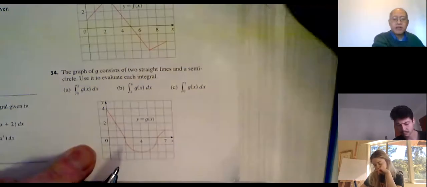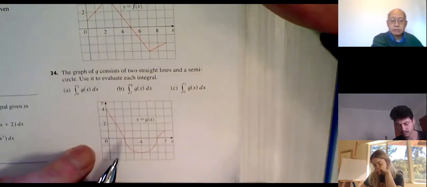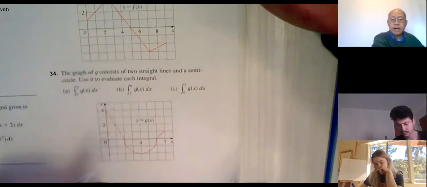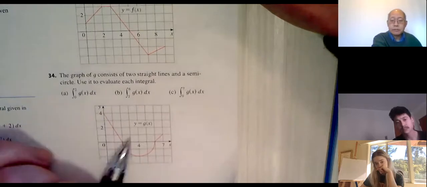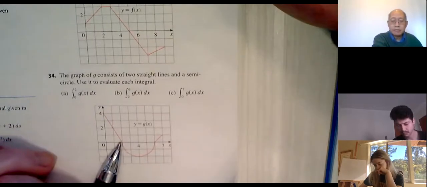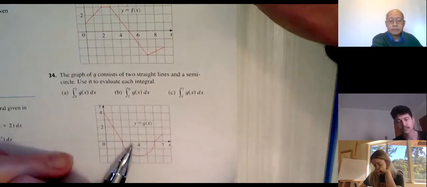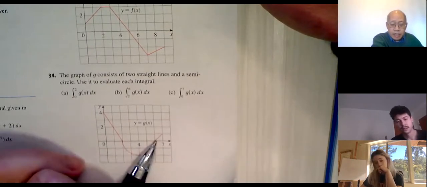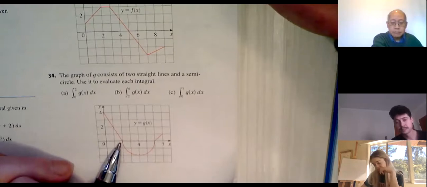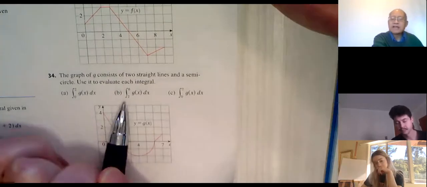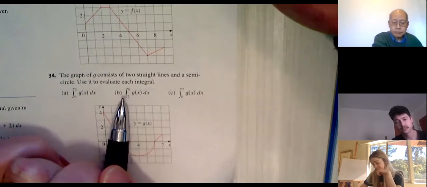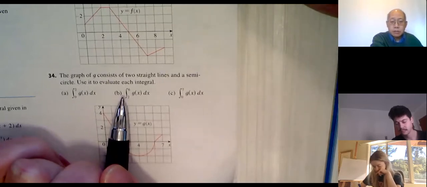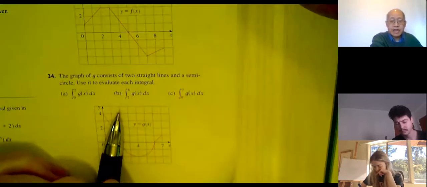So it's 1/2 of pi r squared. Pi times 2 squared is 4 pi. Half of that is 2 pi. So this area is 2 pi. The integral is negative 2 pi. Okay, so the answer to B is negative 2 pi.